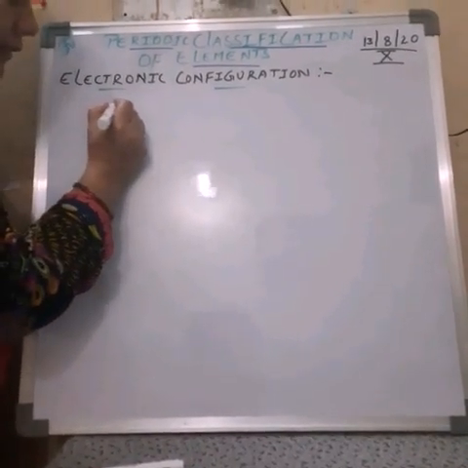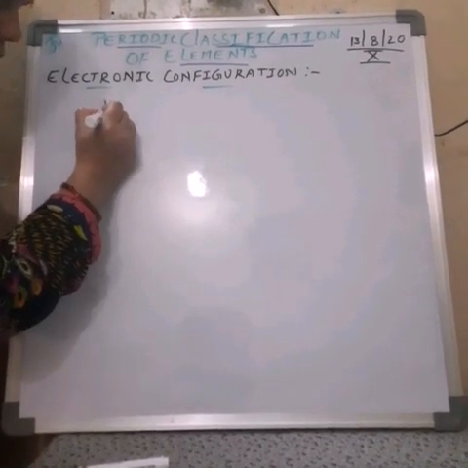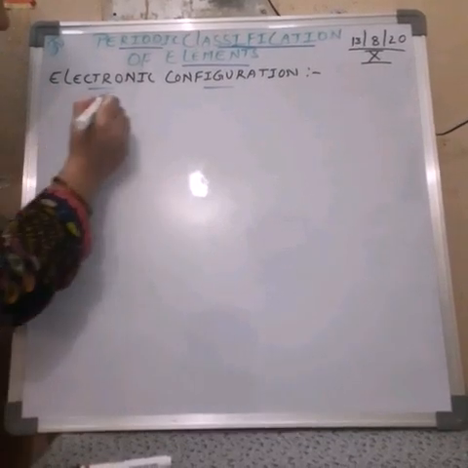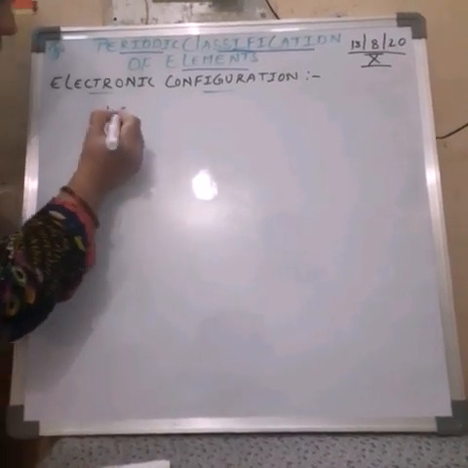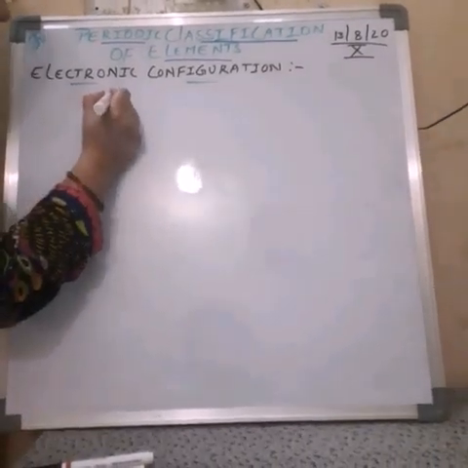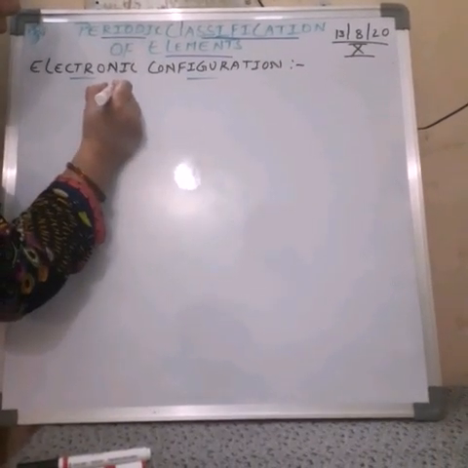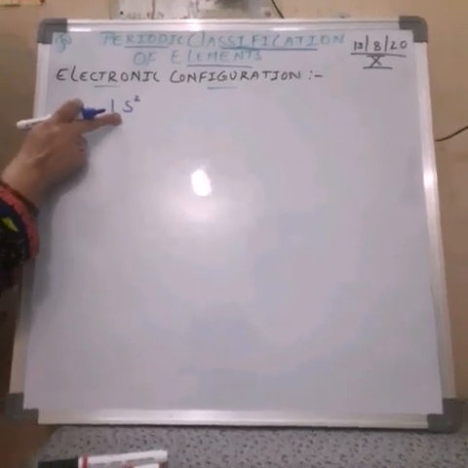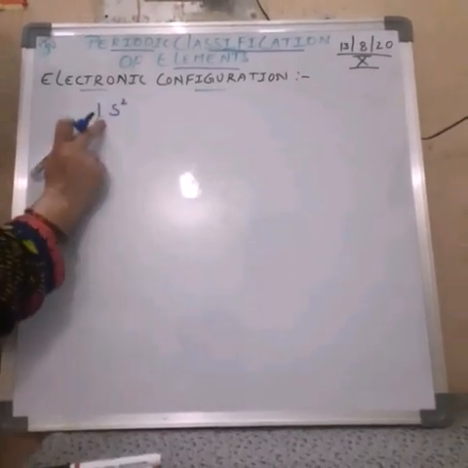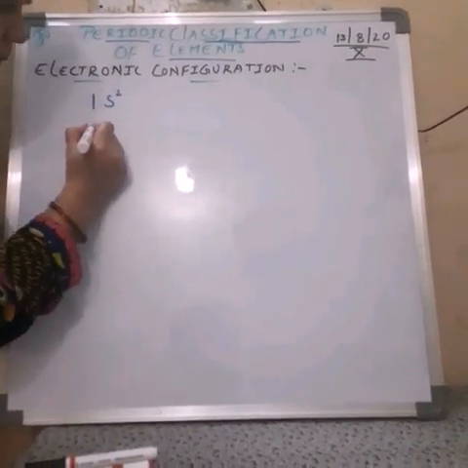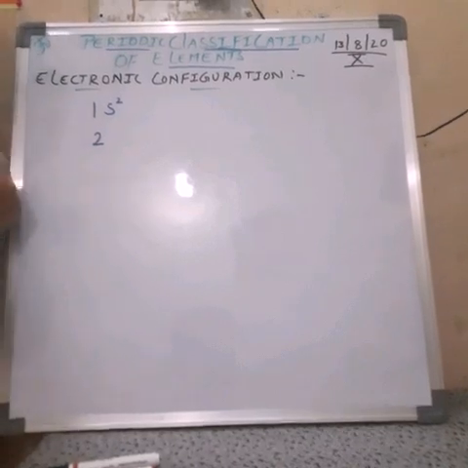What is the designation we have given to the K orbit? 1. And what is the subshell present in this? S, small letter s. What is the capacity of the S orbital? It is 2. Then he started arranging them vertically. After the first shell, the second shell, that is L, is represented by 2.